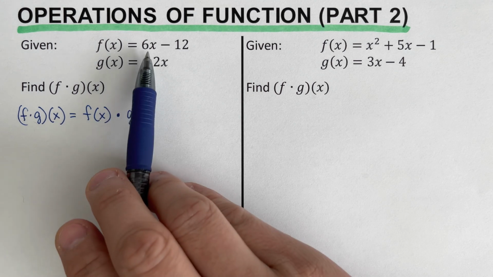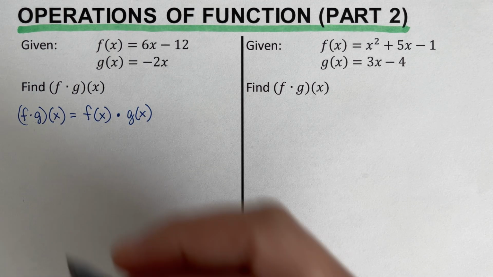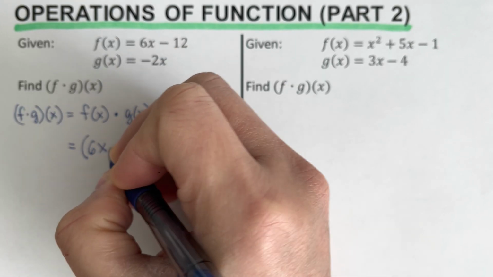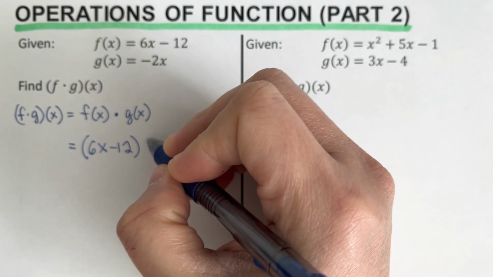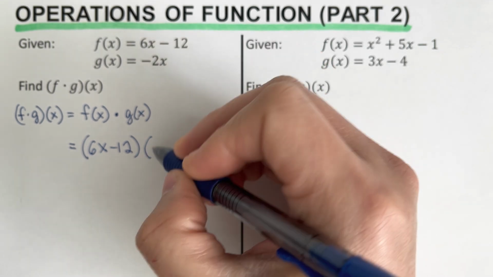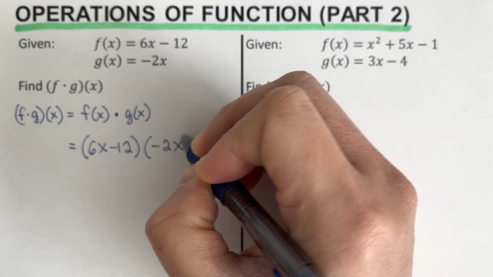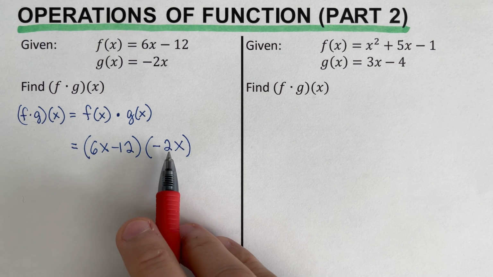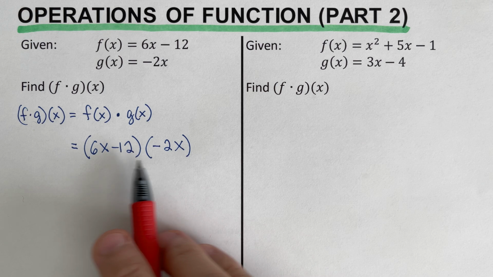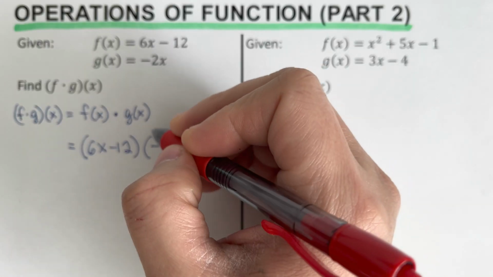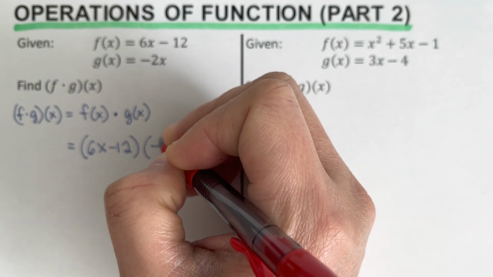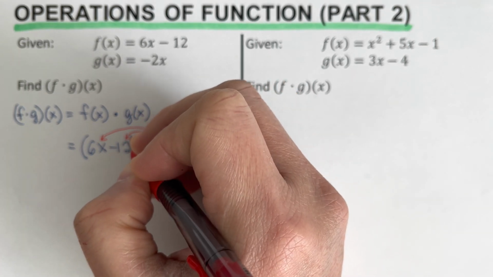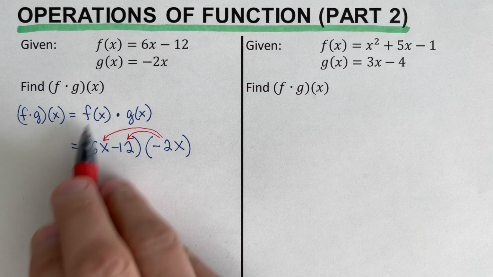So our f of x is 6x minus 12. So I'm just going to write that down here. That would be 6x minus 12, multiplied by the g of x, which is negative 2x. In this case we have a binomial and a monomial, so we can distribute this monomial to each of the terms inside the parentheses of the other function, which is the f of x.